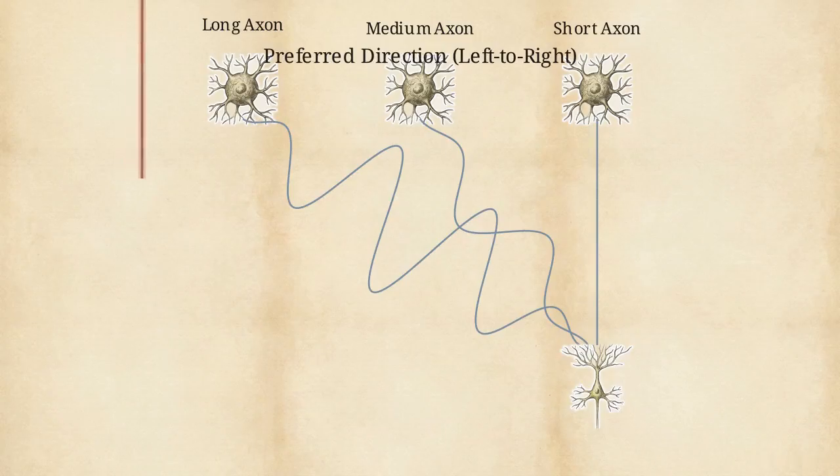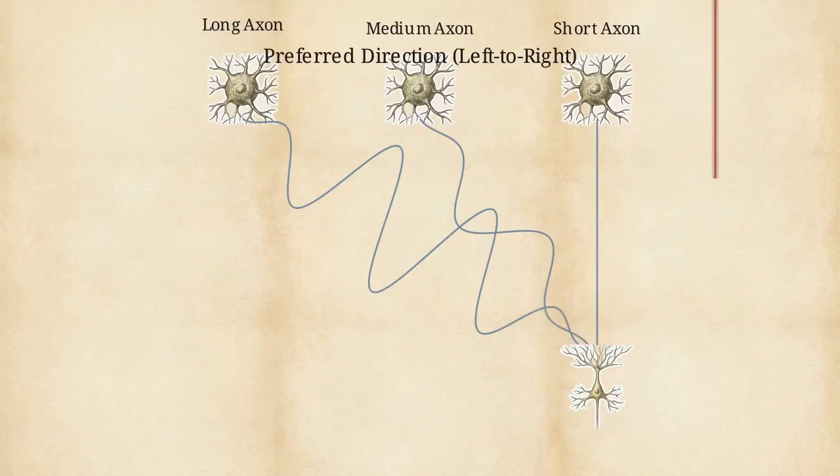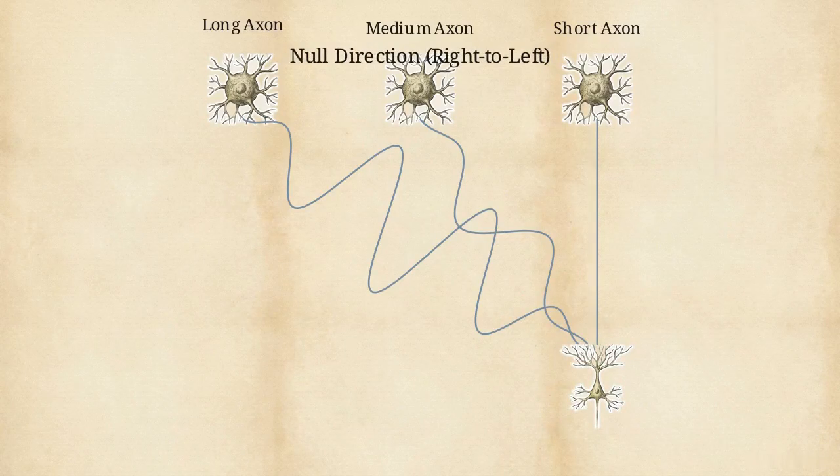As a vertical edge starts moving left to right, it triggers the furthest neuron first. Because of the long axon, that electrical signal takes the most time to travel. By the time the edge hits the middle and right neurons, the delayed signal from the first axon catches up. All 3 impulses hit the postsynaptic cell at the exact same moment, causing a synchronized firing.